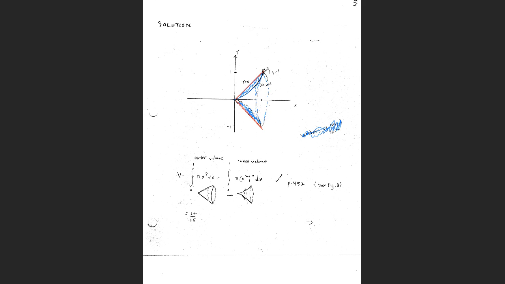Okay, let's try to draw that a little bit here. Taking the volume of a cone and subtracting out this inside volume. What does that inside volume resemble?